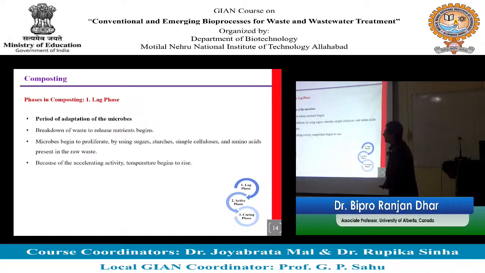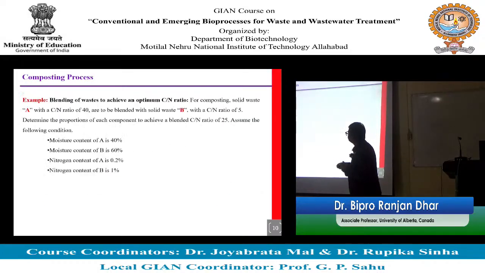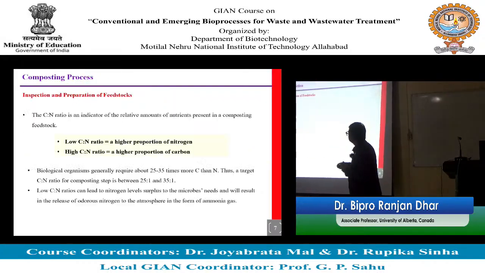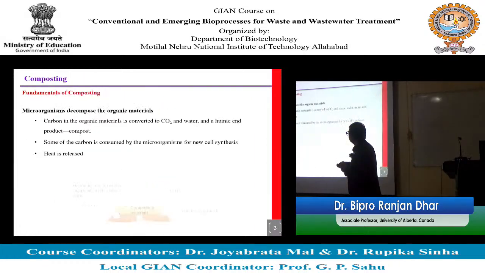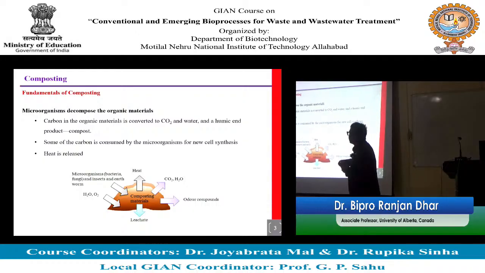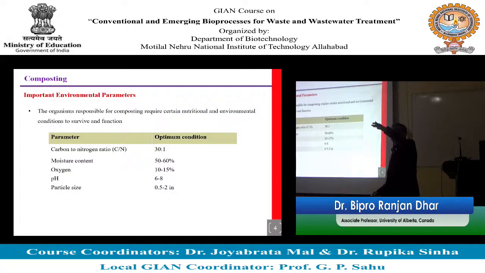And so that means microbial activity is going to increase, and at that time, if you remember one of the previous slides, the process also generates heat. So you are going to see in the compost pile the temperature start to increase.